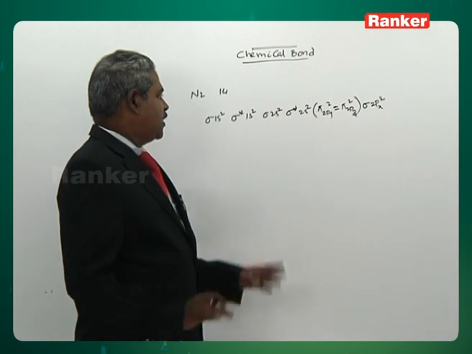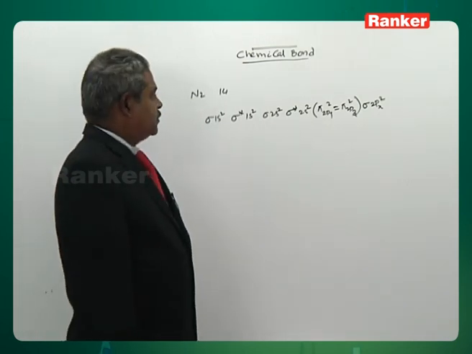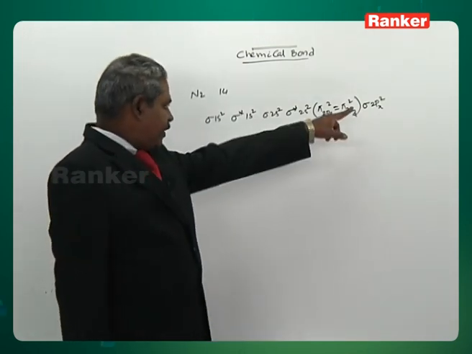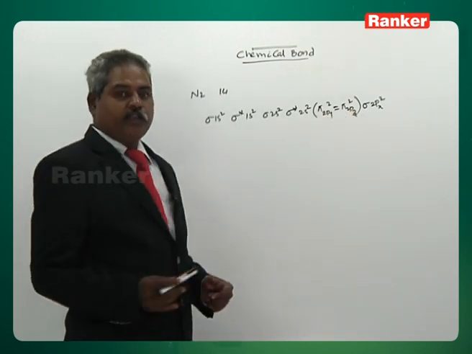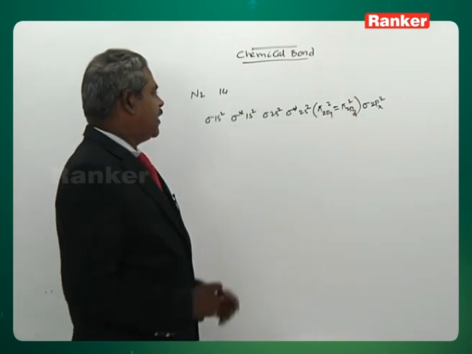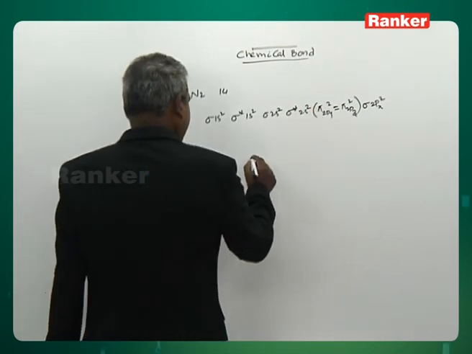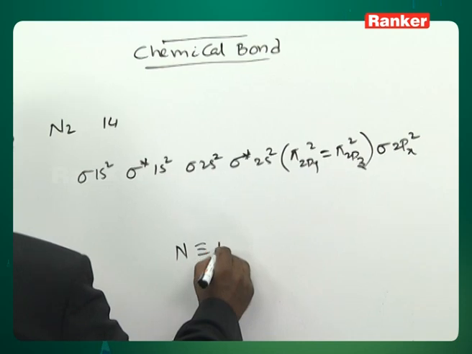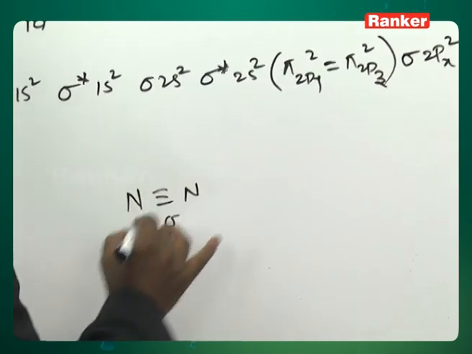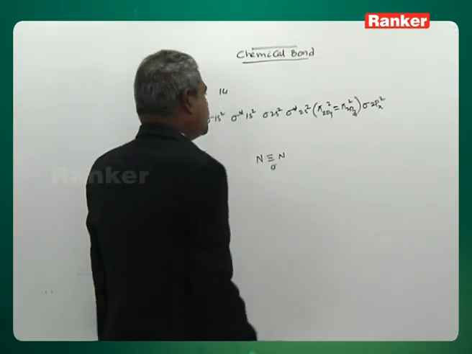So this is the order. Sigma 2px, we know that because only the 2px electron participates in sigma bonding and the remaining 2 are pi bonds. In nitrogen, if you simply write N triple bond N, what do we say? This one is a sigma bond, the other 2 are pi. So the same designation is given.